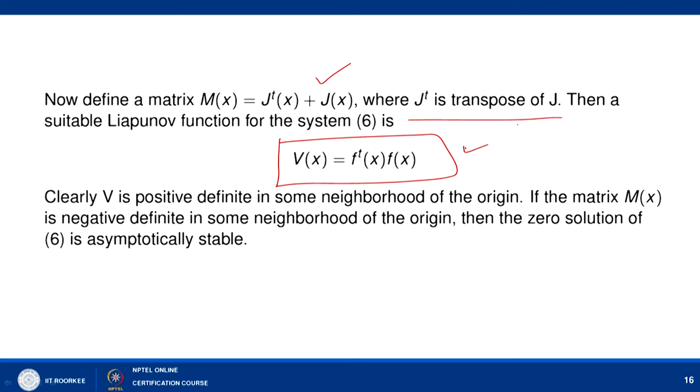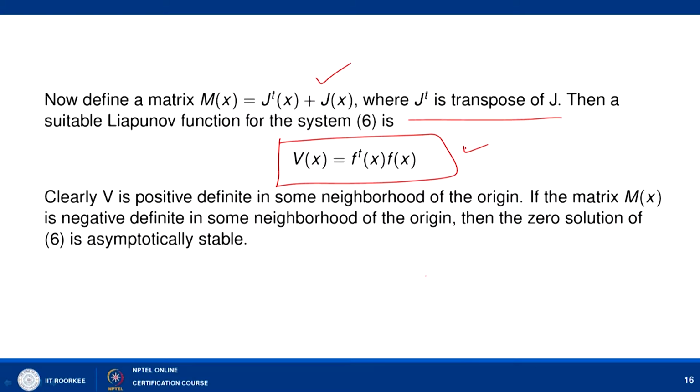In fact, positive definite means it takes positive values for non-zero x, and it is 0 when x equal to 0. There is another alternative definition for positive definite, that V of x is positive definite if x transpose V of x is greater than 0 for all x non-zero, and it takes the value 0 when x equal to 0.